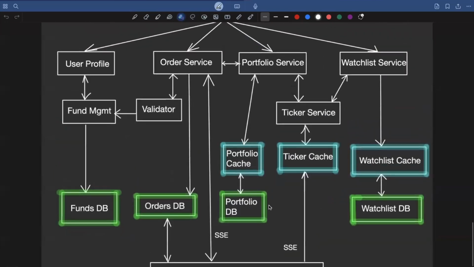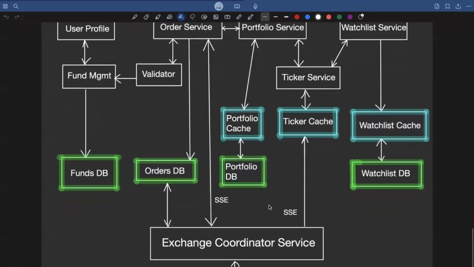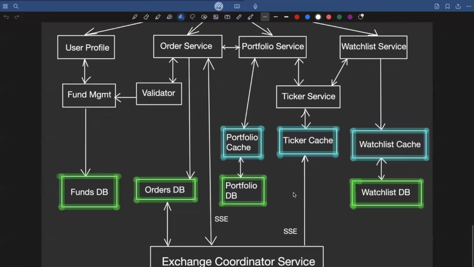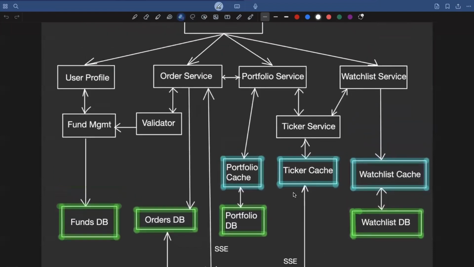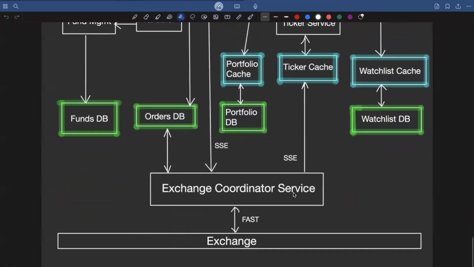That is 1 MB of data. This will be a few KBs, say 500 bytes of data per user, that will be needed. So the latency is very, very low to read from the cache. And we are making good use of all the DBs as well.